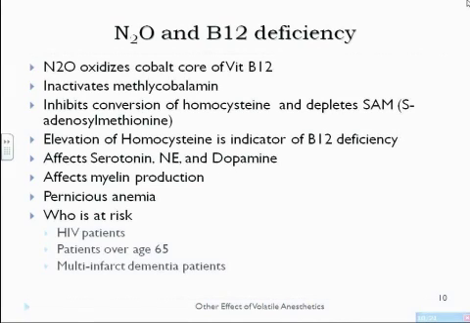As a consequence, you get a tremendous increase in homocysteine levels when you give nitrous oxide to people with B12 deficiencies. So elevated homocysteine levels are already an indicator of B12 deficiency. Eventually, if you don't allow the reaction to go forward, you will begin to affect production of serotonin, norepinephrine, as well as dopamine.